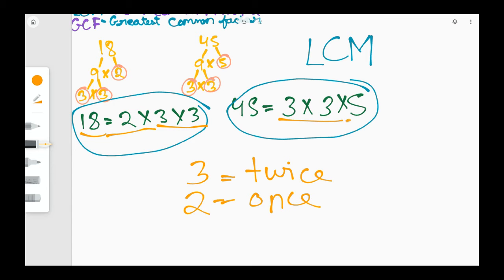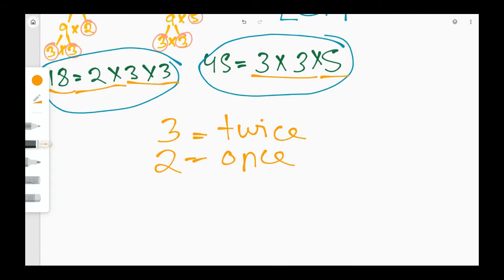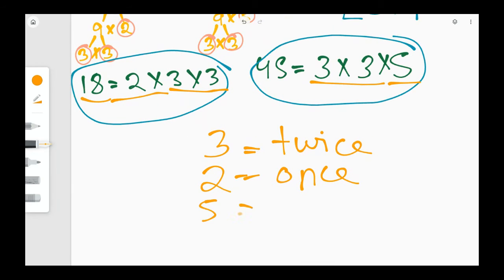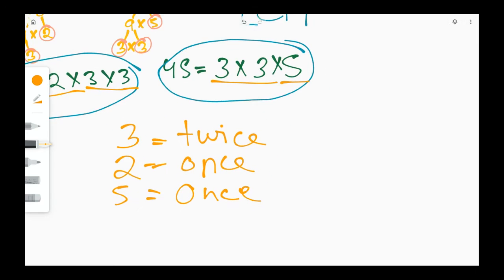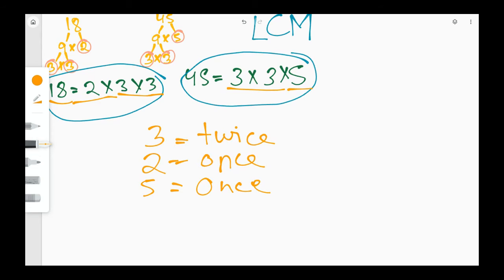Now 5, there's only one 5 in 45, so I'm going to write 5 once, and since the other number has no 5, that's why I'm only writing once anyway. This number is a bad example to show twice and once, but that's fine.